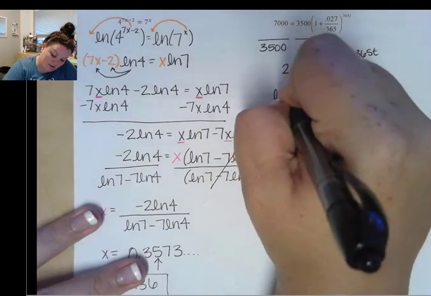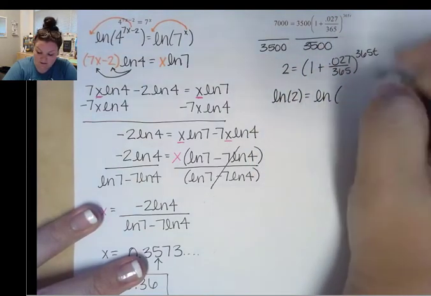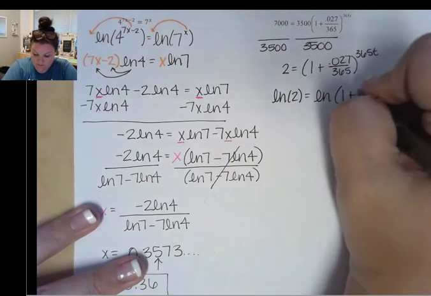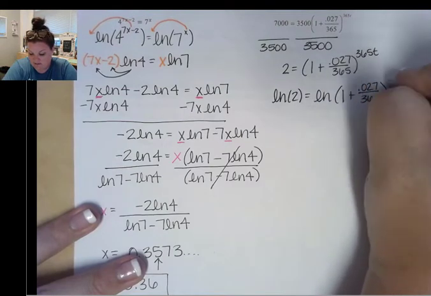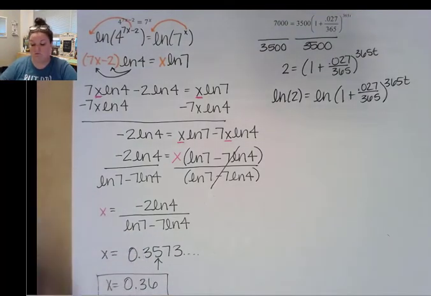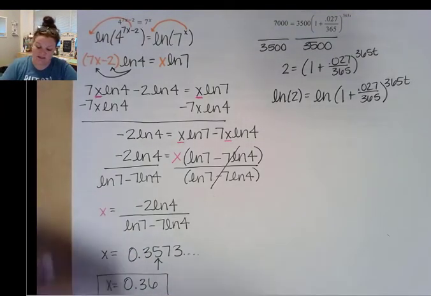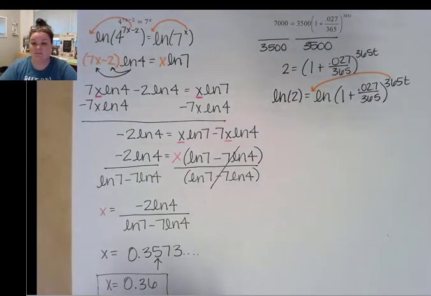So I have the ln of 2 is equal to the ln of 1 plus 0.027 over 365 raised to the 365t. And the reason that I took that ln is so that I can now use the power rule to bring this exponent down in front of my log.